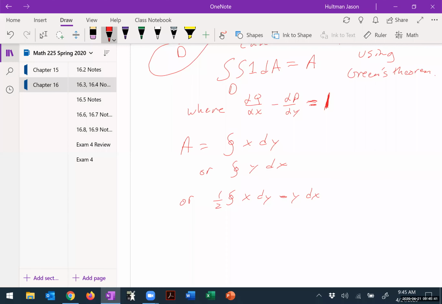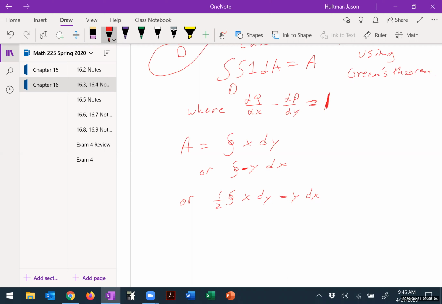Okay, well, if we take Green's theorem here, we get x dy, that's going to be 1, right? Oh, sorry, this is a negative here. My bad. This is a negative. This is going to be 1, right?